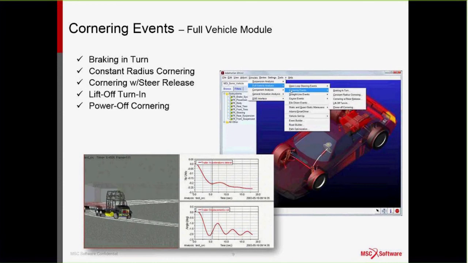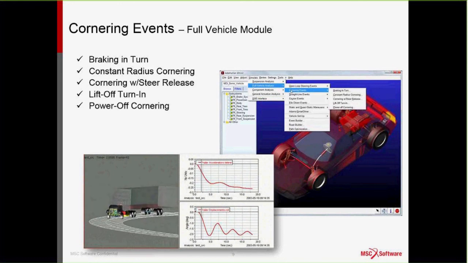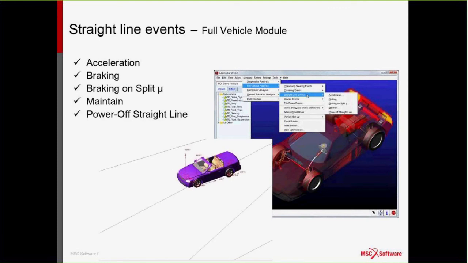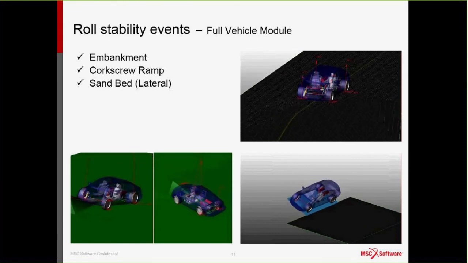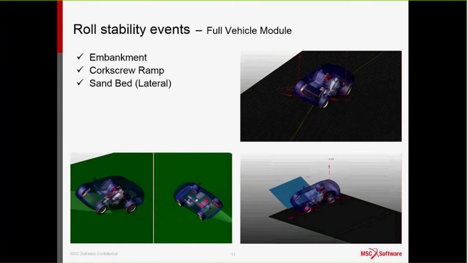Also, we support a list of cornering events in both steady-state maneuvers, like the constant radius cornering you see in the animation here, and also some of the transient effects, like the power-off cornering or braking turn. Other predefined events include the straight-line events, such as acceleration, braking, braking on split mu surfaces, and also the road stability events, including embankment, corkscrew ramp, and sandbag.